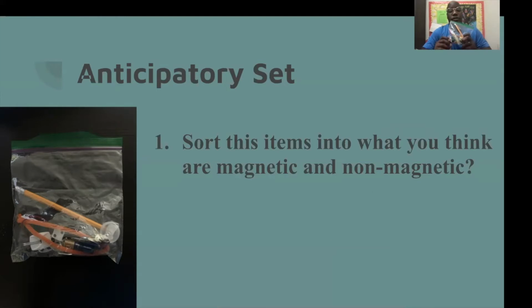We're going to separate the items inside the bag into magnetic and non-magnetic parts. You guys do not know, so I will give you time to think. Colors, this is easy. Thank you, students.